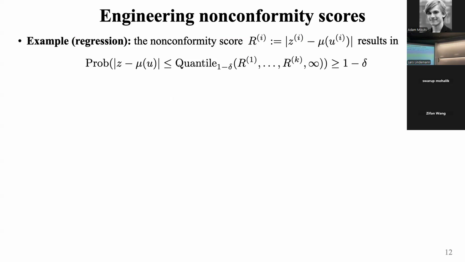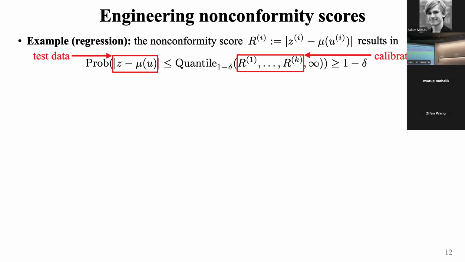In this case, if we apply conformal prediction, we get this statement, meaning that the error on our test data is bounded by this quantile over the nonconformity scores of our calibration data. So this is what we get right away.